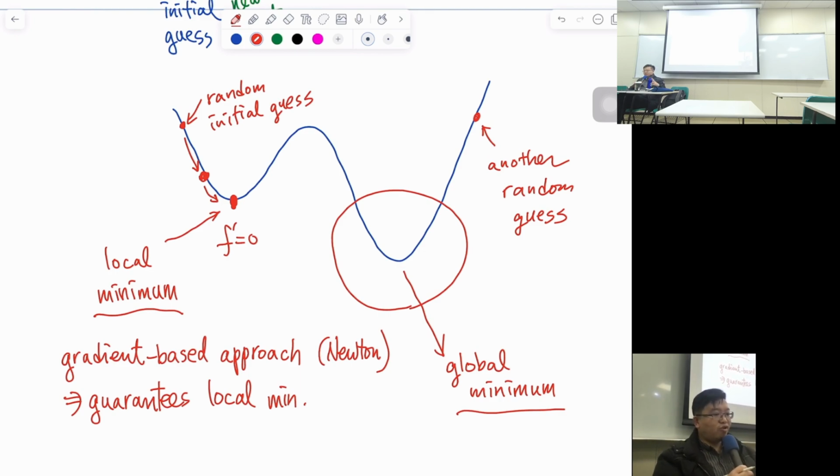So sometimes in order to find the global minimum, they start their optimization with different guessing points everywhere in the space. And from all those initial guesses, they run the gradient-based approach. So if they are able to distribute the initial guesses among the entire design space, maybe they are lucky enough to find the global minimum. Okay, so that's the idea.